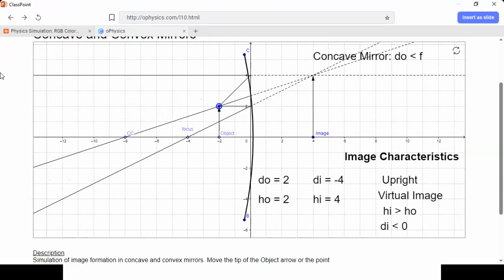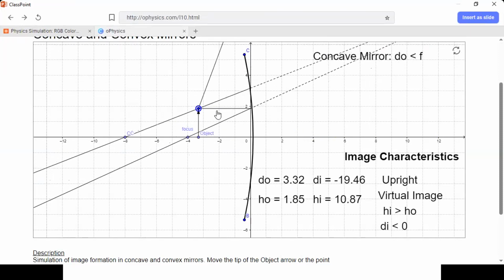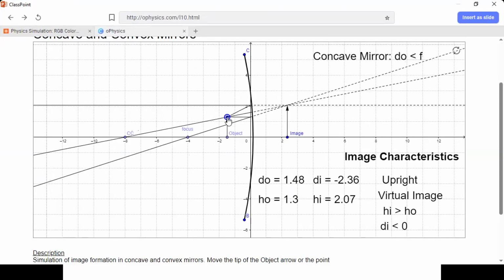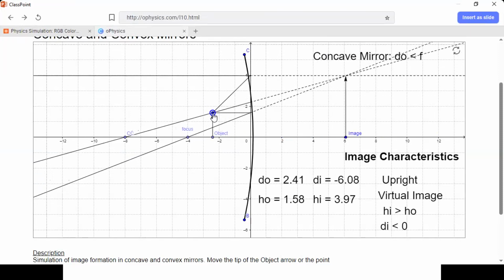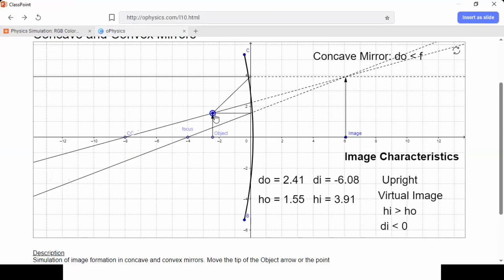So just letting you know, whenever you place the object in the concave mirror, within the focal distance, what is the focal distance? Sorry. The distance between the focal point and the center of the mirror. If you place the object anywhere here, the image is always upright, virtual, and bigger.